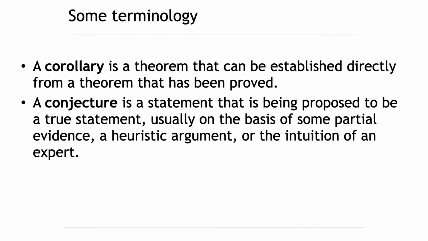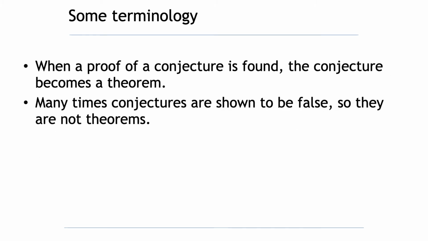A conjecture is a statement that is being proposed to be true, usually on the basis of some partial evidence, a heuristic argument, or the intuition of an expert, but is still not proved. When a proof of a conjecture is found, the conjecture becomes a theorem.